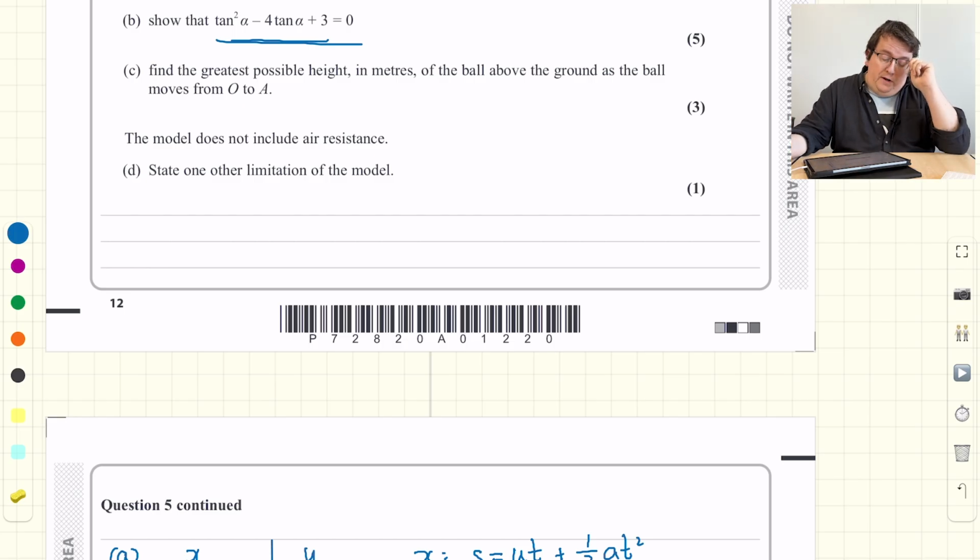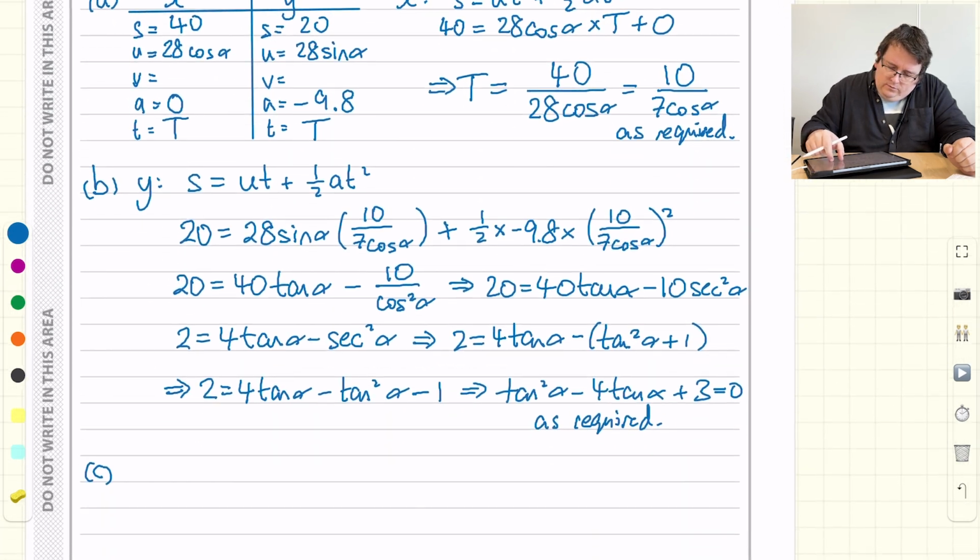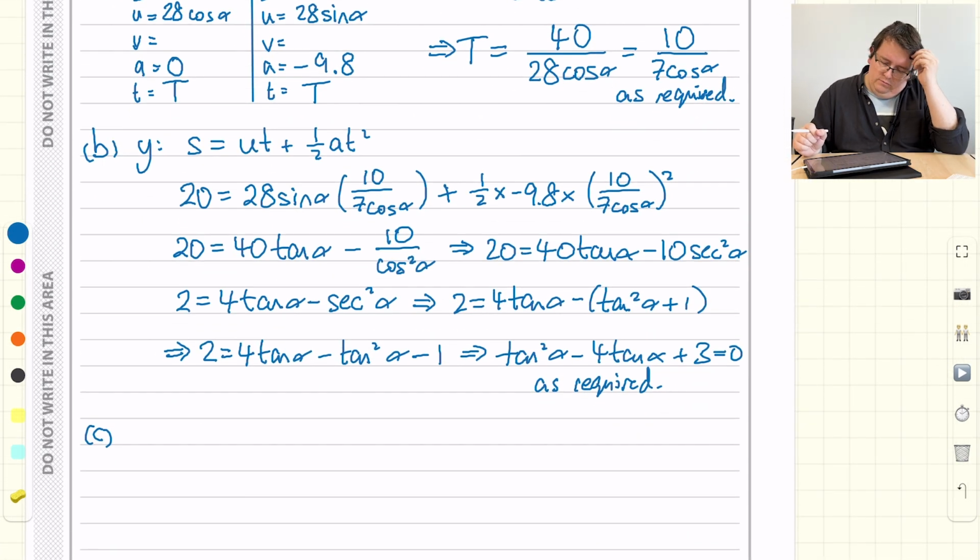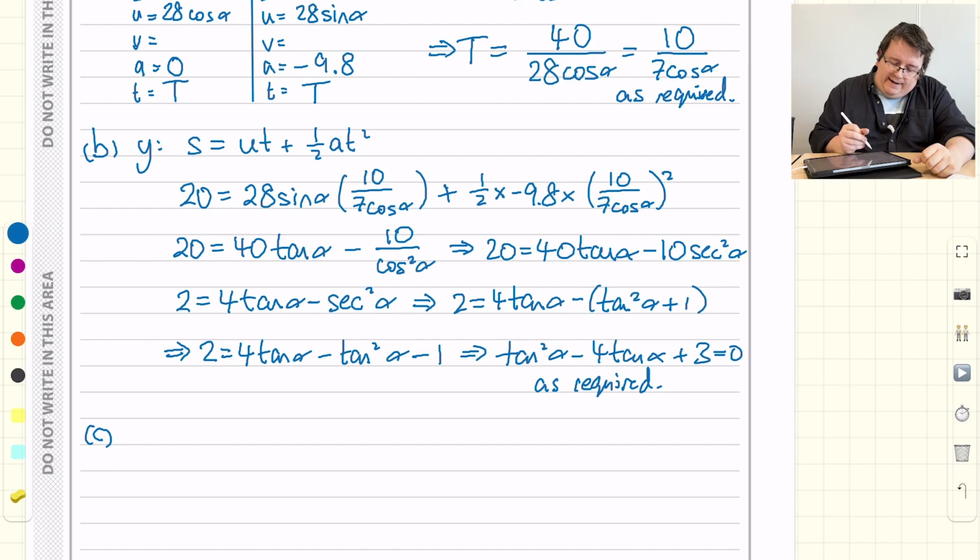Part C, find the greatest possible height in meters of the ball above the ground as the ball moves from O to A. Right, the highest that it could be. Well, we need to know alpha, don't we? So we can solve that quadratic in tan because that factorizes.